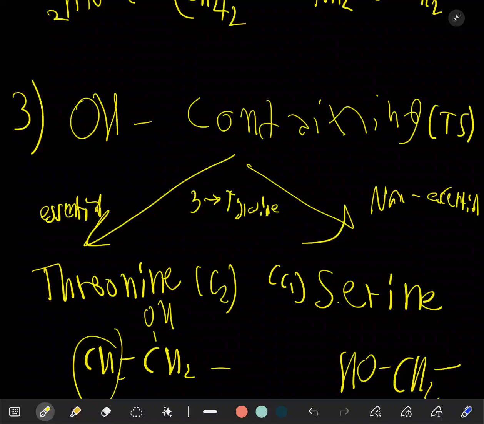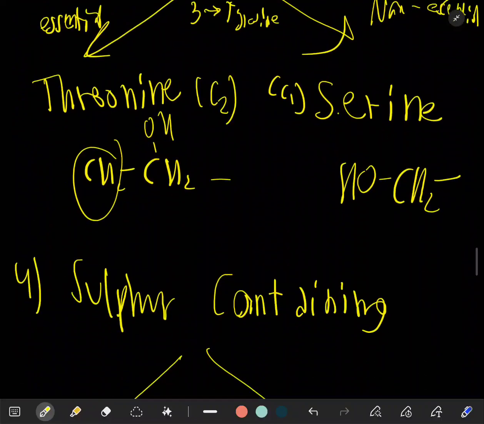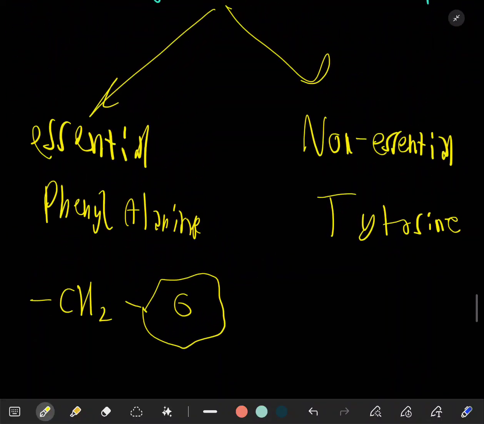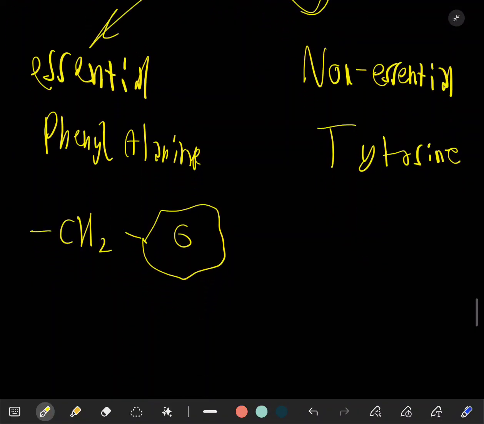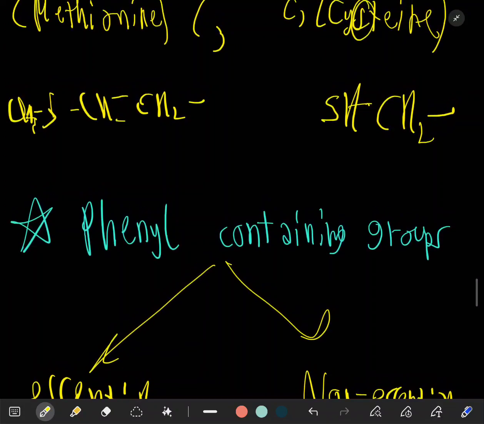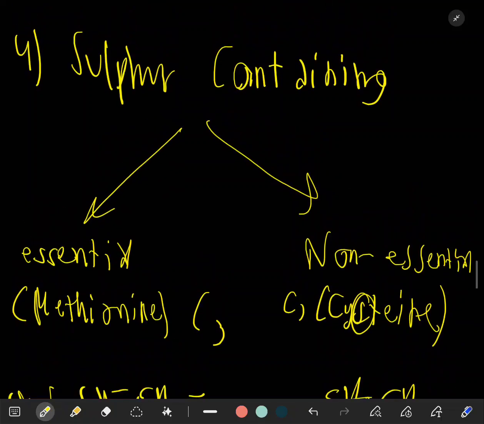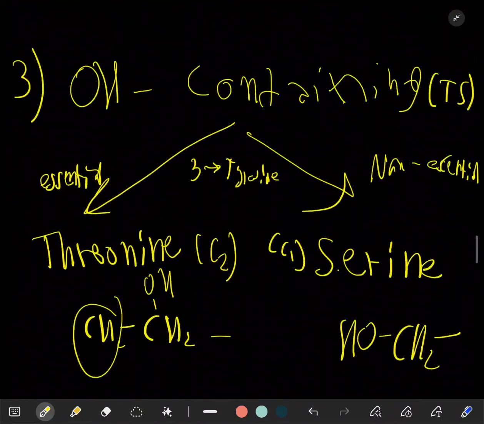Tyrosine also contains an OH group, but we study it separately because it has a phenyl group, so we keep it under the phenyl containing groups. So over here we get the CH2 phenyl and then we just add an OH over here, tyrosine. Simple. So now let's enter these names in our list: methionine, cysteine, phenylalanine and tyrosine.